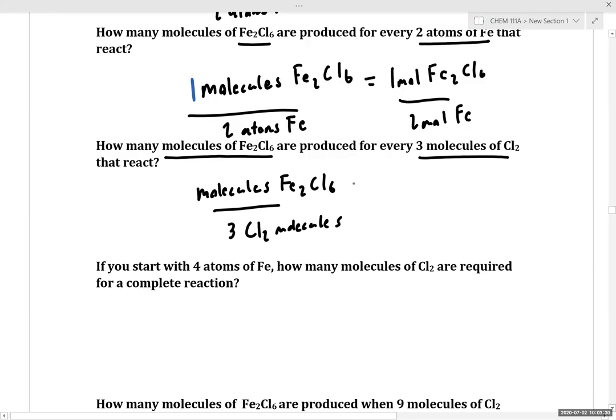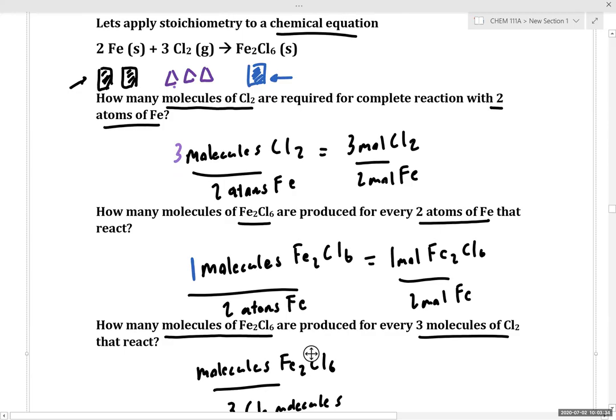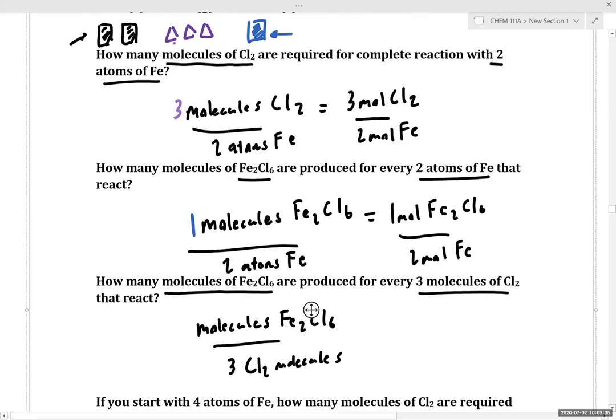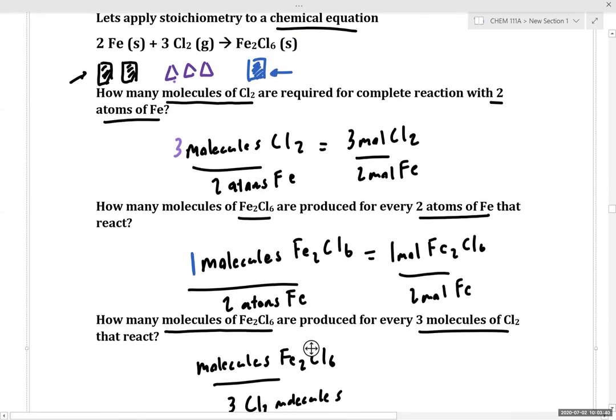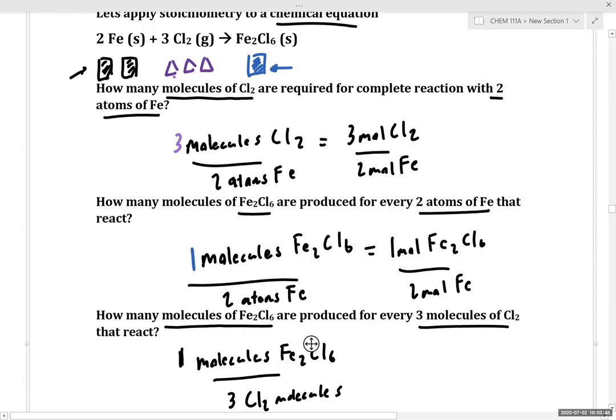So what is our molecule to molecule ratio? It's 1 to 3. We get 1 molecule of product, as we can see in our chemical equation, for every 3 molecules of chlorine.